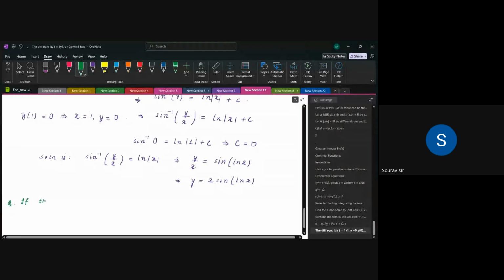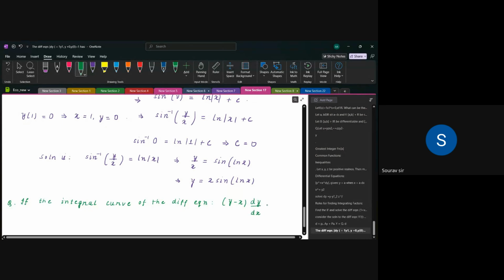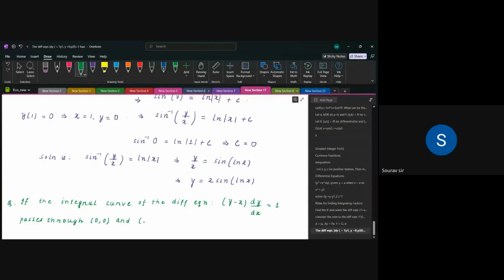If the integral curve of the differential equation passes through, then alpha equals how much?